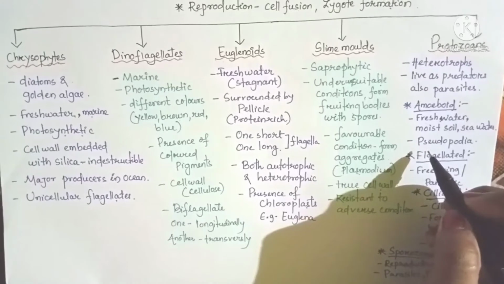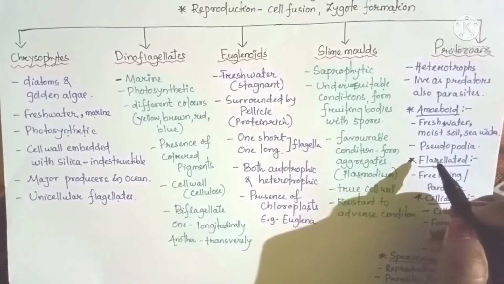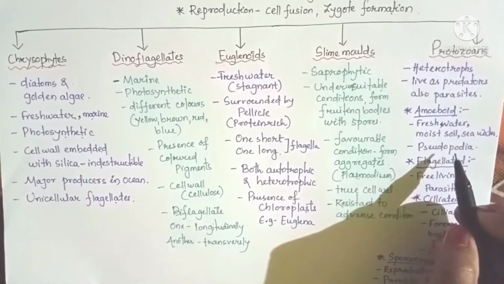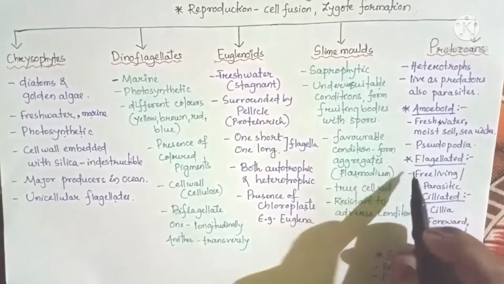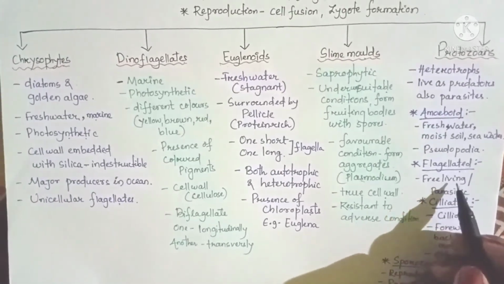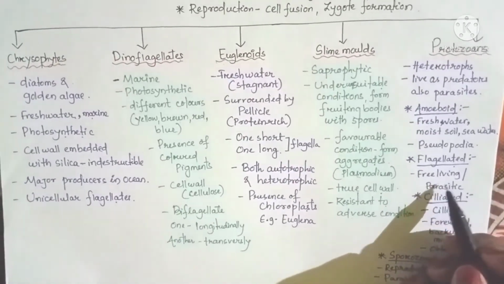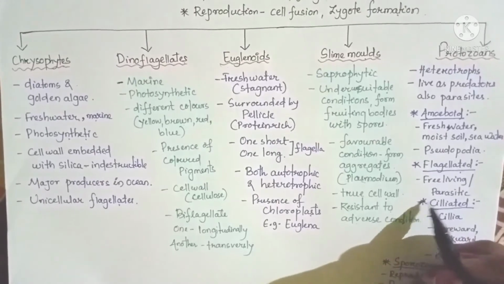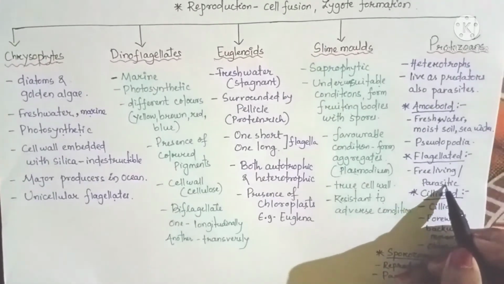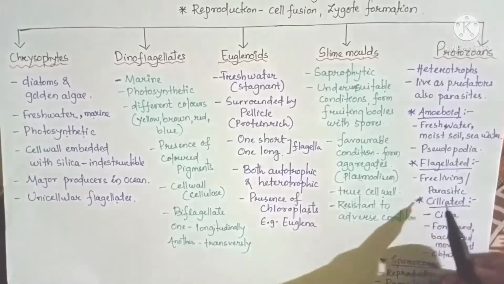They have pseudopodia which engulf food particles, such as in amoeba. Second is flagellated protozoans, which are free living. This group of organisms is responsible for different parasitic diseases.